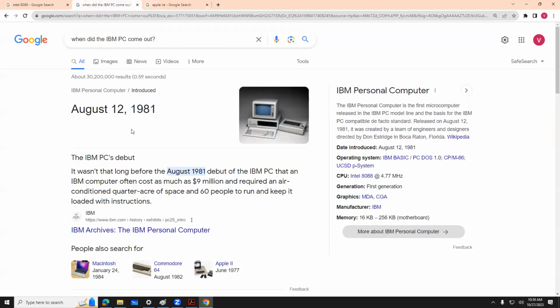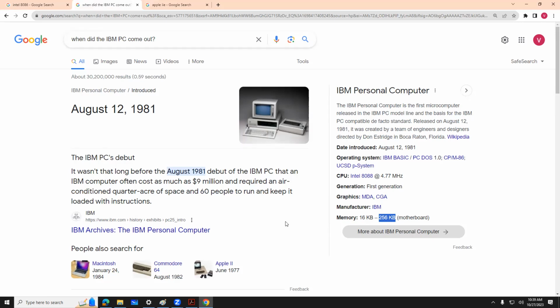So IBM came out with a personal computer. It worked with floppy disks, and it had 16 kilobytes of memory, or you could have up to 256 kilobytes of memory. That's a quarter of a megabyte. You can't even take a picture on your phone for less memory than this thing had.